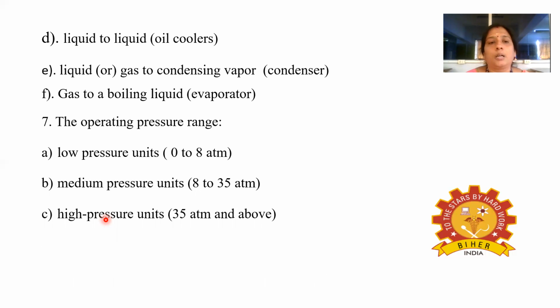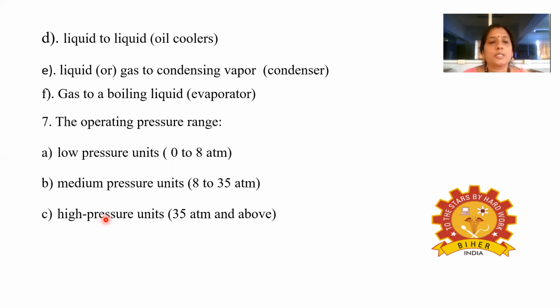Mostly it will be used in oil coolers. And next is liquid or gas to condensing vapor. It is called a condenser. That is also one of the types of heat exchanger. And the next is gas to boiling liquid, which are called evaporators. So an evaporator is also one of the types of heat exchanger.